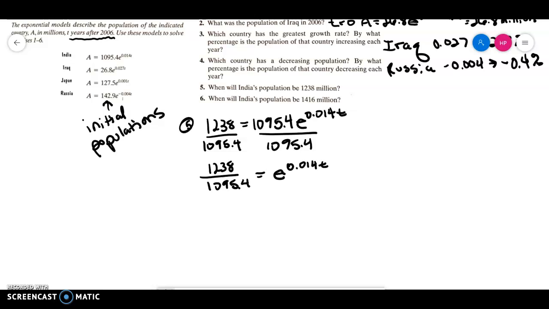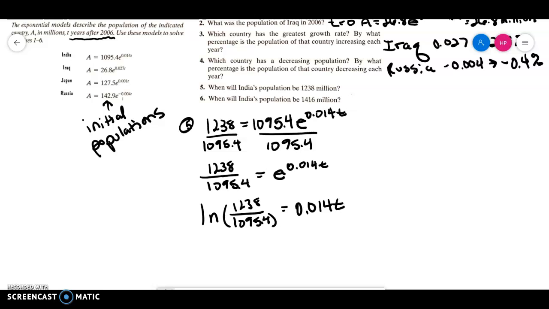So now I have an exponential equation. And if I think of converting this to log form, or think of it like taking the log of both sides, it's base e, so it's actually the natural log of this fraction that we found, equal to my exponent, which is 0.014t. So in a couple of our problems, the exponent didn't have any values multiplied, added, subtracted.